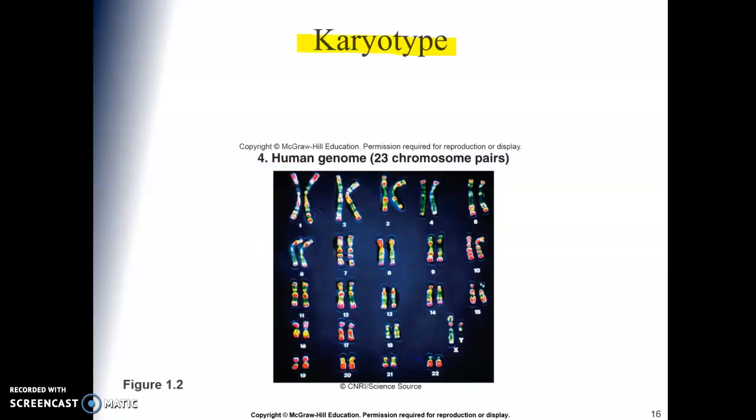So karyotype is something we will expand on. Basically, a karyotype is a picture of chromosomes, and it is typically obtained through the use of a procedure known as amniocentesis, which is done on a pregnant woman. It would be done for a number of reasons.